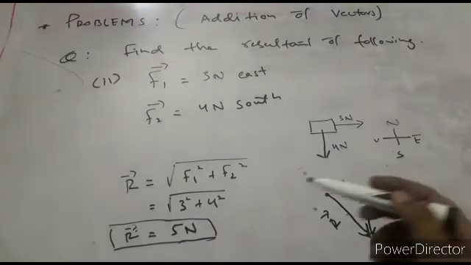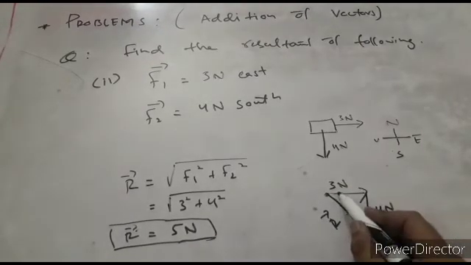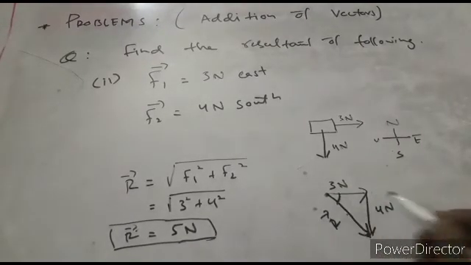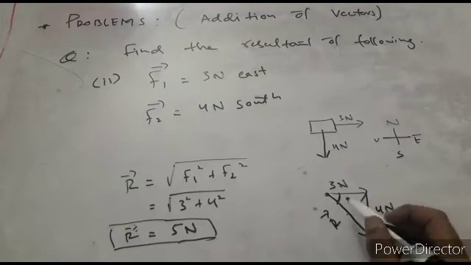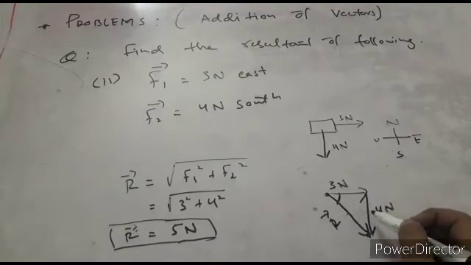For the direction we have another formula, or we can just calculate this angle with the help of a diagram. So this resultant has a magnitude of 5 newtons when 3 Newton and 4 Newton forces are acting perpendicular to each other. How we add them?